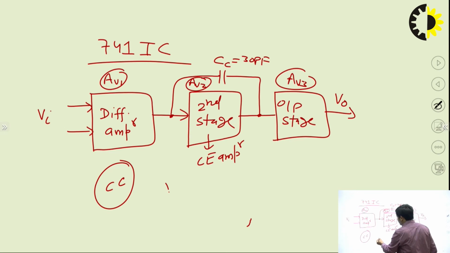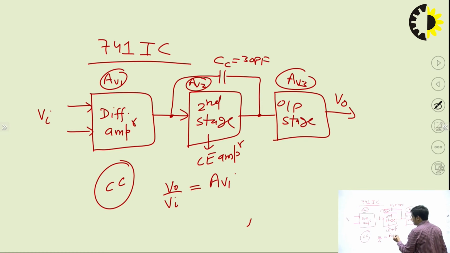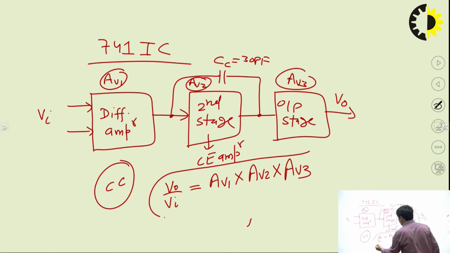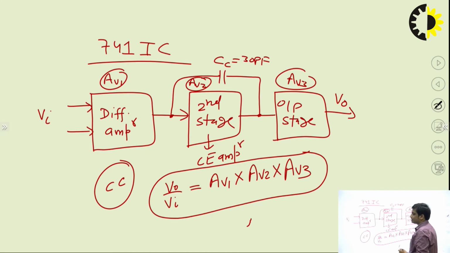So what will be V0 upon Vi? Since all the stages are connected in cascade mode, the voltage gains get multiplied, that is AV1 into AV2 into AV3, right? And this 741 IC is a direct coupled amplifier.